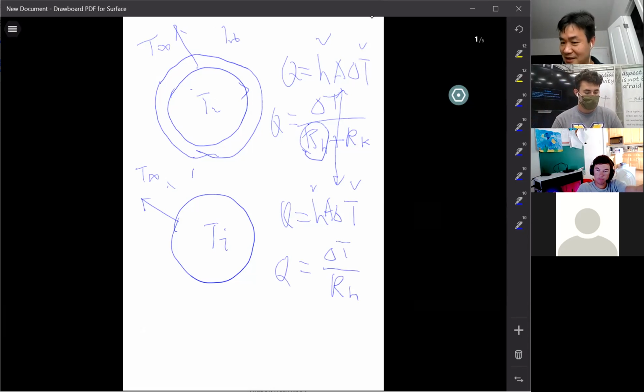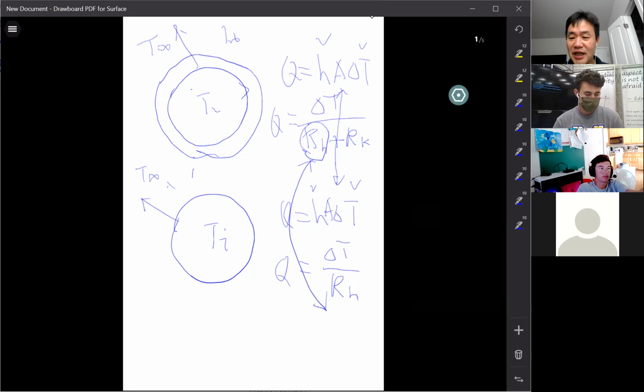Did you see the process? But what if R_k is smaller than the difference between these two R_h's? Well, it helps a little bit, but it doesn't help enough to overcome the area increase. Indeed, it could happen.